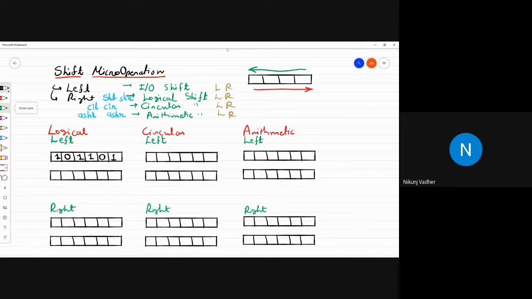All the bits will be shifted to the left position.